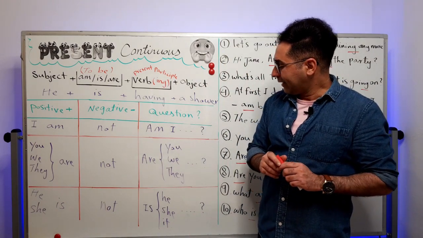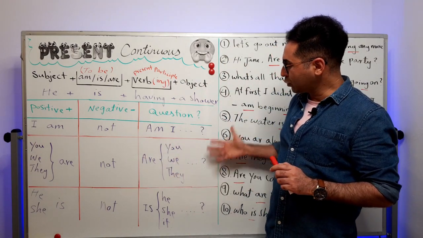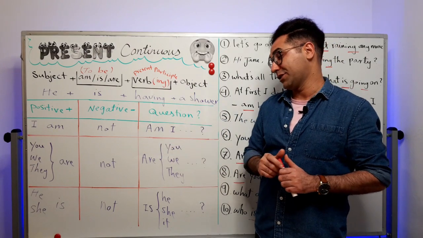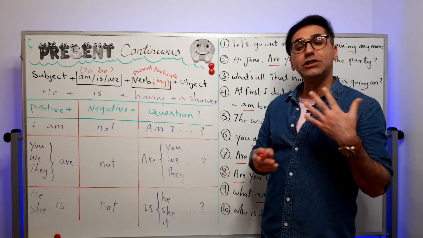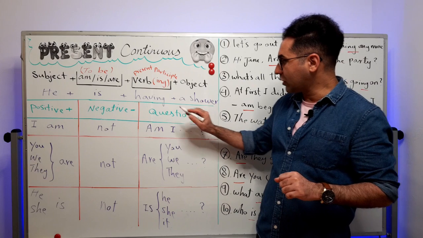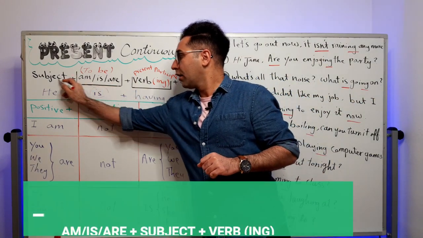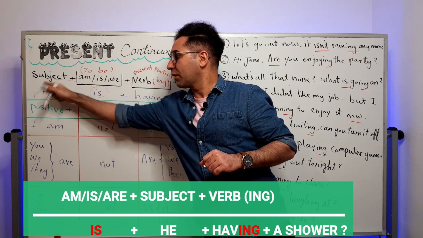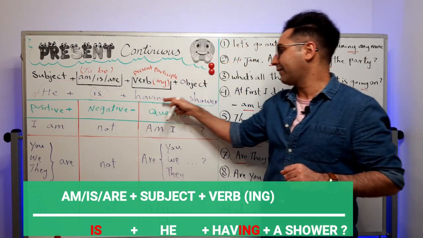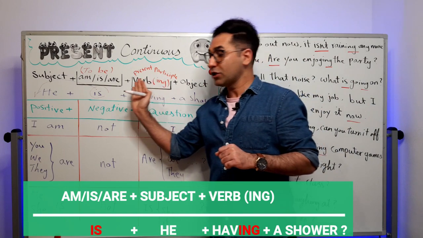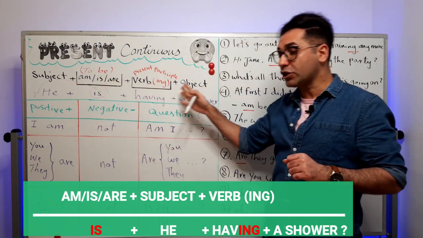And then let's take a look at this part, how to make a question in present continuous. It's so easy. We need to just change the position of the to be verb with the subject. I need to just bring it here. For example, he's having a shower, and the question is: is he having a shower?